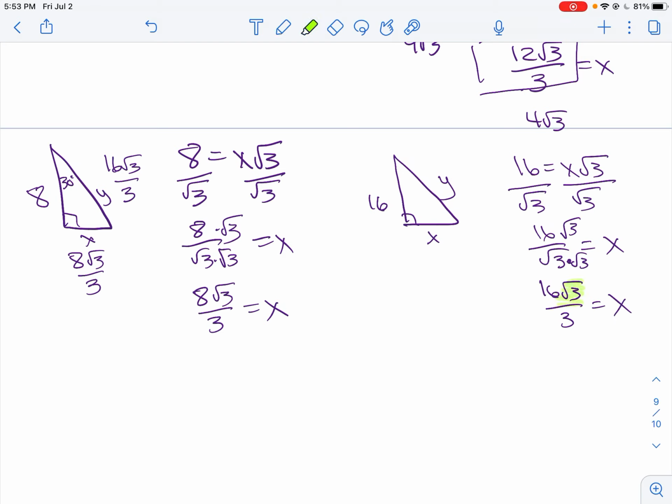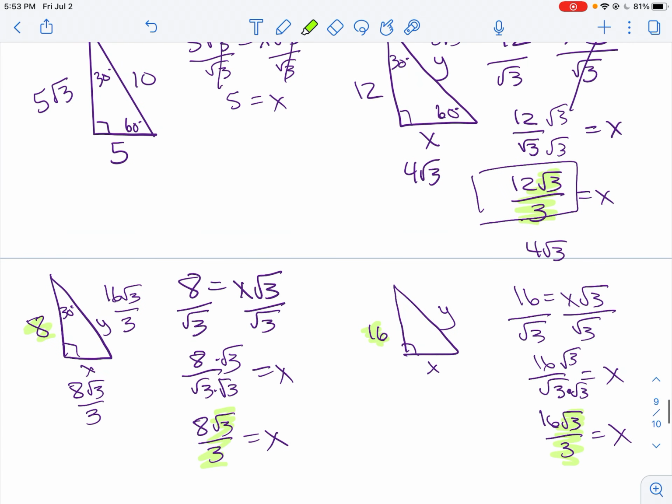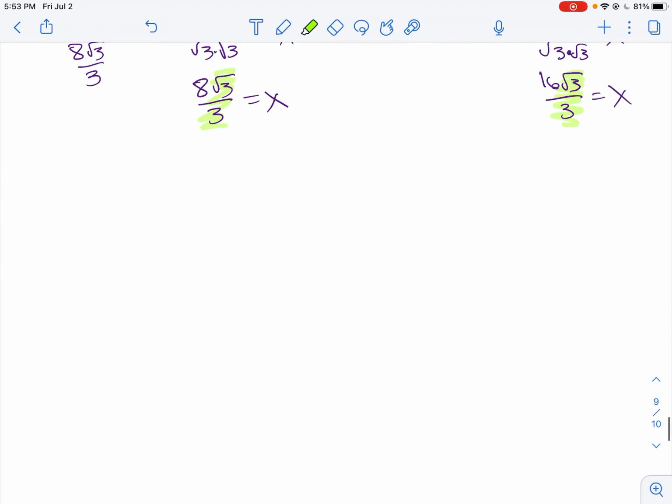Okay, so hopefully you noticed on each one of these, when I am finding the shortest side, I'm taking the long side right here and multiplying it by radical 3 over 3.